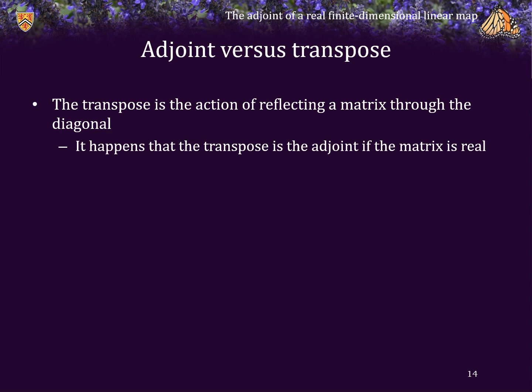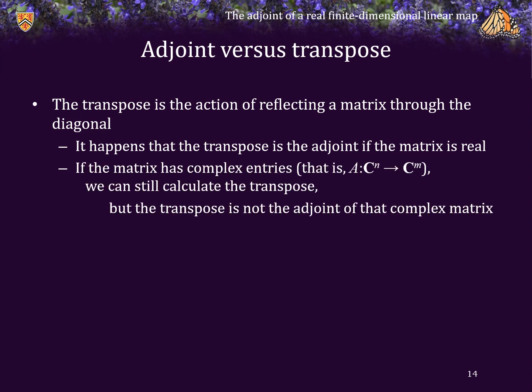It happens that the transpose of a matrix is the adjoint if the matrix is real. If the matrix has complex entries, that is, A maps C^n to C^m, we can still calculate the transpose of that matrix, but the transpose is not equal to the adjoint of that complex matrix.